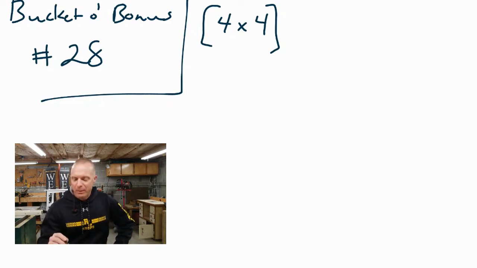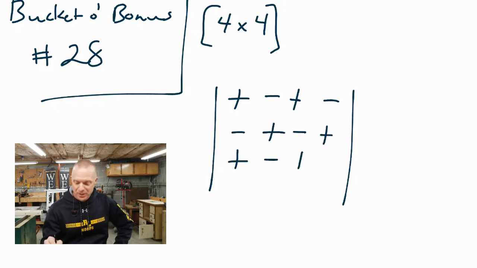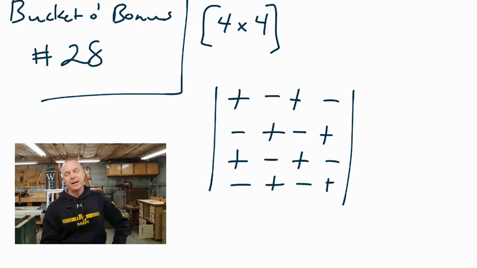So, number 28. Well, I want to reveal or at least discuss a few thoughts, mainly your approach. And since, of course, it's going to be a 4 by 4 matrix, your first very important order of business is to understand that this plus minus plus pattern continues into larger rows and columns.